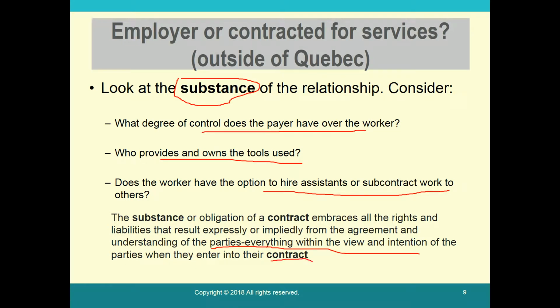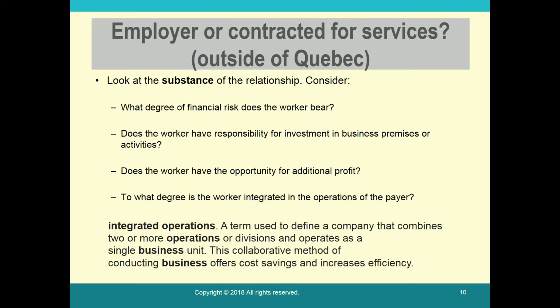So, when they define the contract, what is their intention? What will a person be doing? On the basis of that, what we agreed about will determine whether the person is an employee or self-employed.